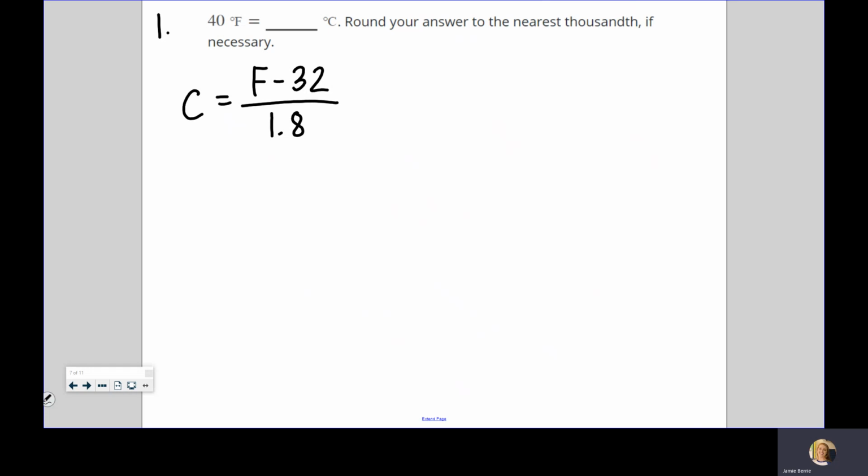So we have 40 minus 32 over 1.8. If you want to plug this all in at one time, make sure you have your numerator in parentheses. You could just do it in 2 steps, though, if you didn't want to have to worry about that.